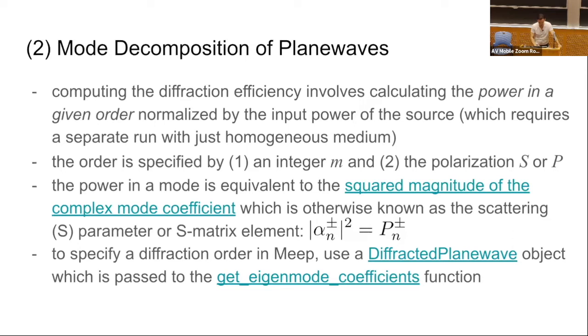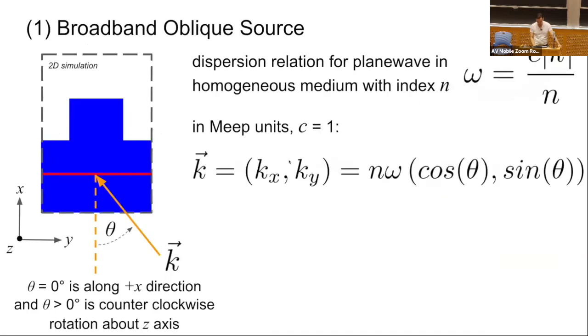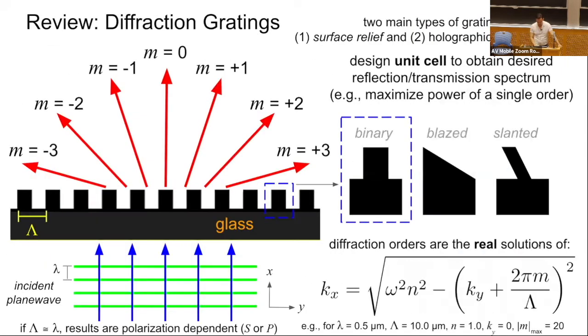But in this case, the diffraction efficiency, we need to compute the power in these given orders, okay? The diffraction order itself is specified by 2 things. One is this integer m, which I already told you about, which is this quantity here. It tells you the actual angle of the diffraction order. But the other thing we need to know is the polarization.